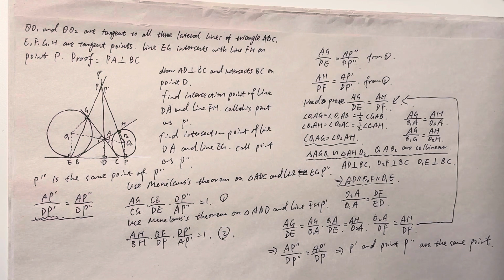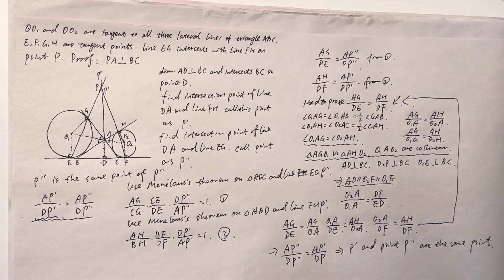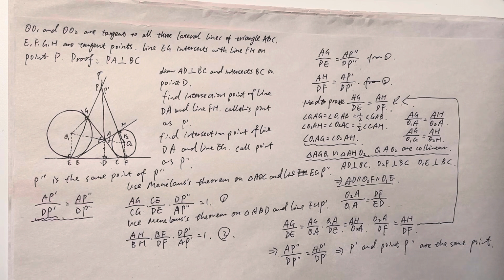So this problem is not very easy, but it is very interesting because it shows us how we can prove two lines are perpendicular. Basically, we can use proof by contradiction. Especially for this figure, the left side and the right side have some similarity.